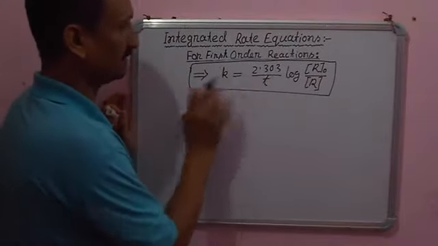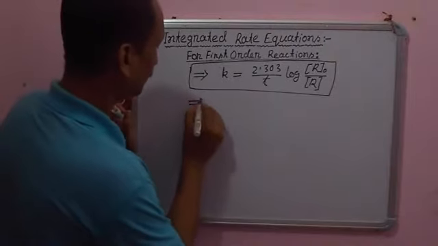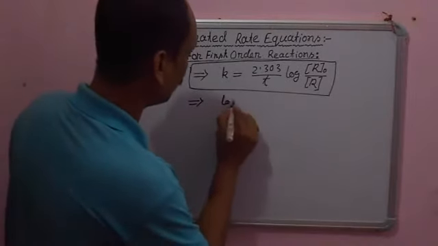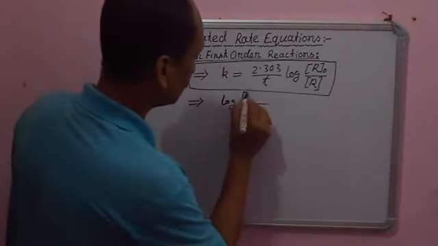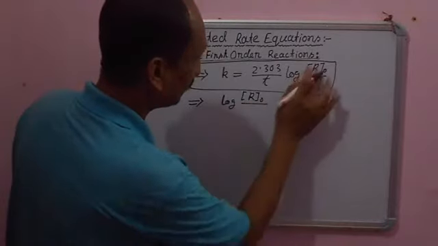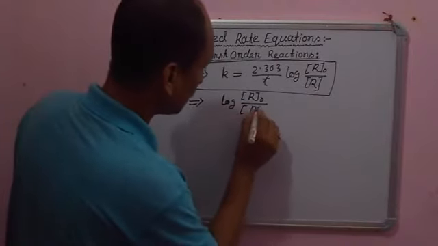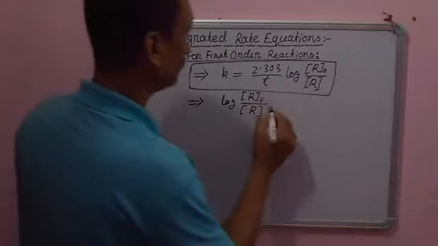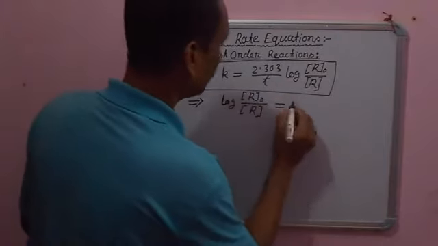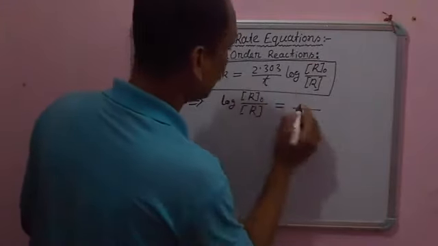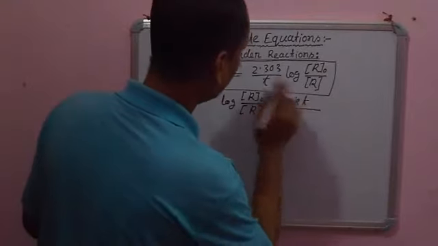Again you can rearrange this, and we will get log of R naught by R, concentration of R, equal to kt by 2.303, as t goes up here.